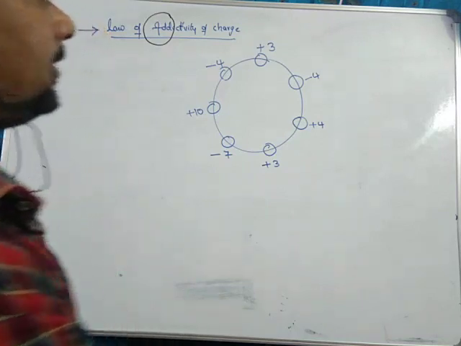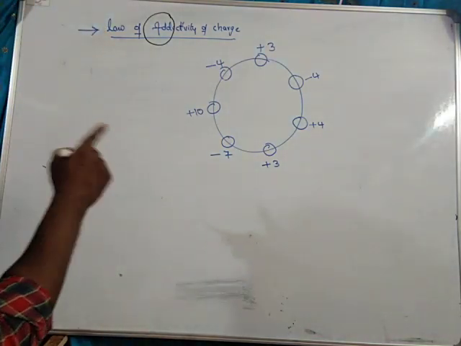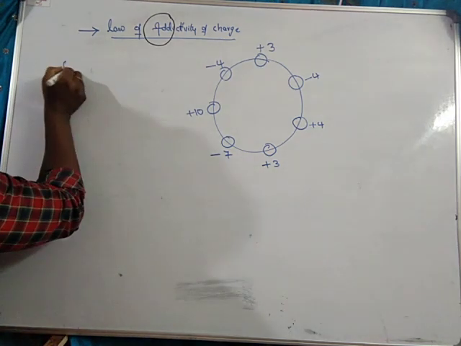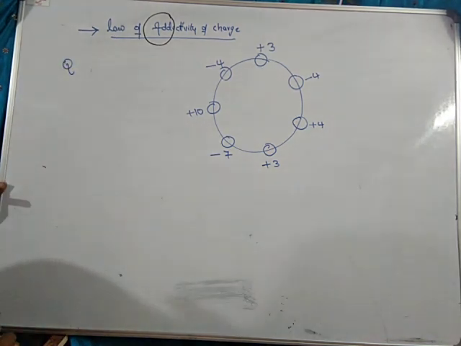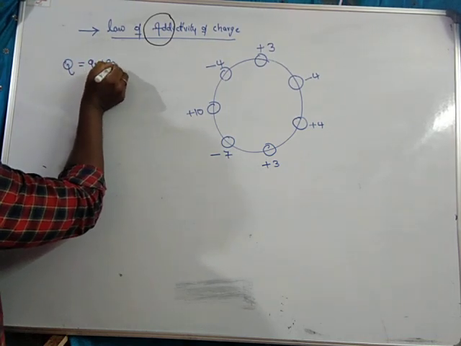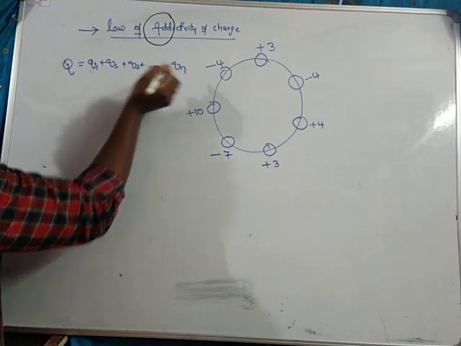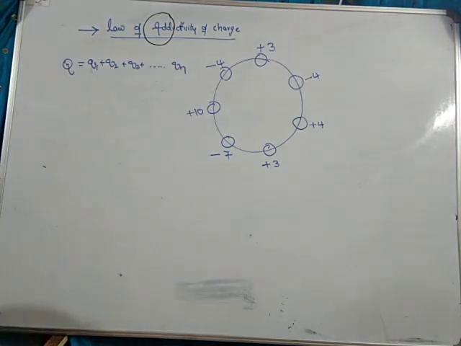Additivity of charge means whatever charges we have, the net charge will be the addition of Q1 plus Q2 plus Q3 and so on up to Qn. By adding all charges we get the net charge.